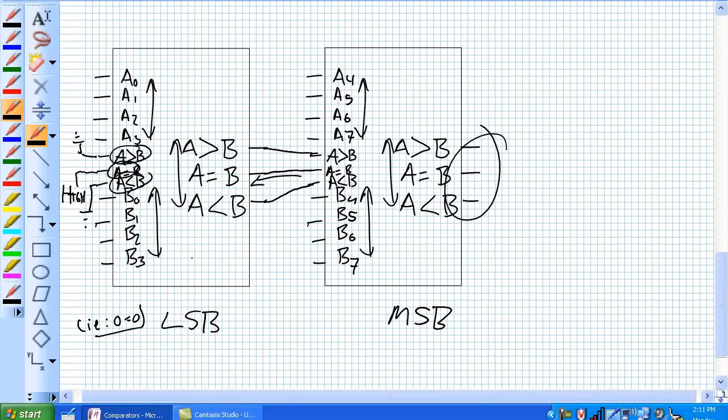So the least significant bits hand off their results to the higher order section, just in case all these upper numbers happen to be equal. It can look back and say whether the lower order bits make it higher, lower, or in between. To cascade it to 12 bits, you just put another 7485 right there; for 16, another one, another one, another one. Okay?